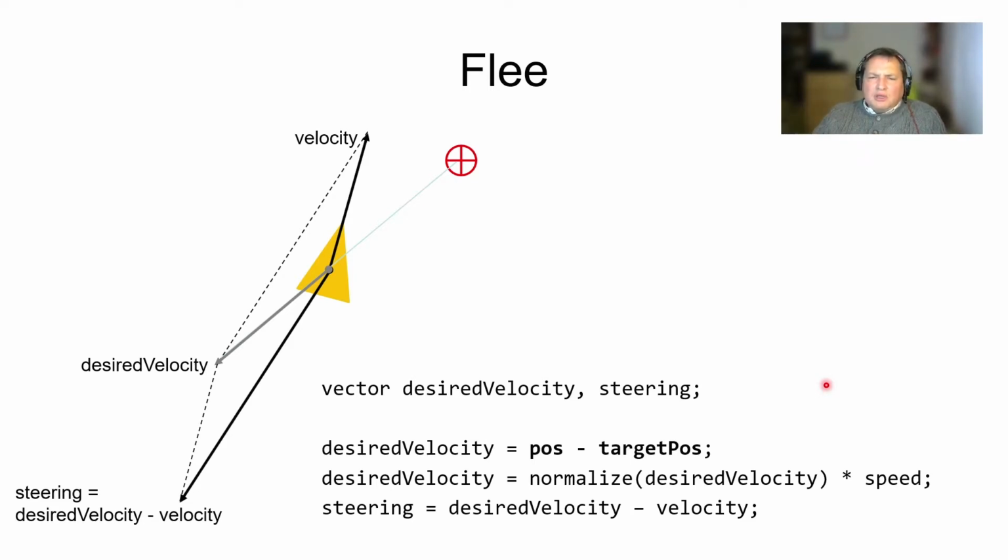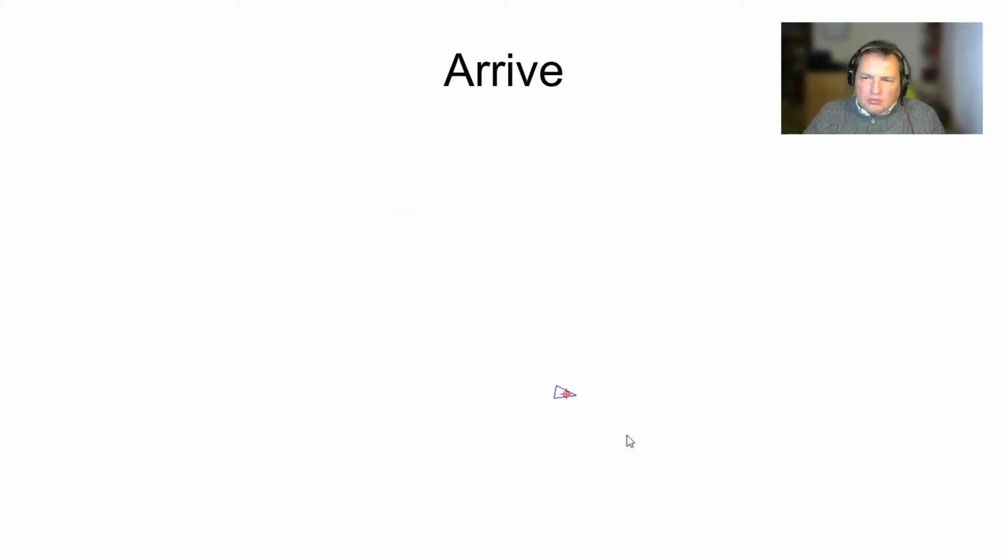The only change is that desired velocity is now calculated as my current position minus target position. So it's the negated value of the previous desired velocity, which was target pos minus pos. So Seek and Flee are really similar in terms of coding and in terms of maths, but so different in terms of behavior in a game.